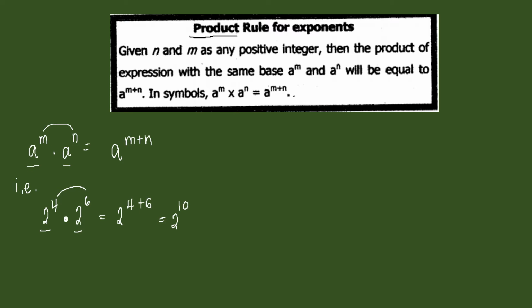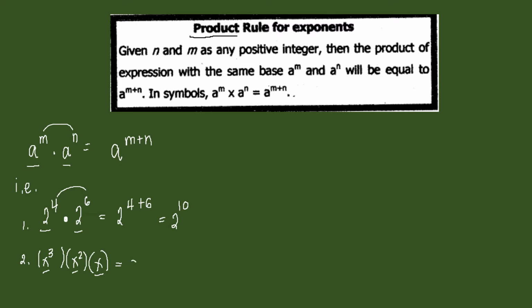Okay, so let's have another example. Let's have x cubed times x squared times x. Again, I've written it in parentheses, so the parentheses would mean that they are being multiplied. Look at the base. Are the bases the same? Yes, all of them are x.